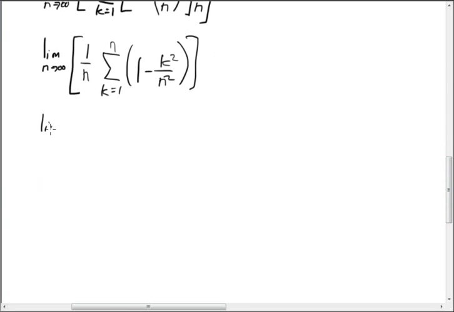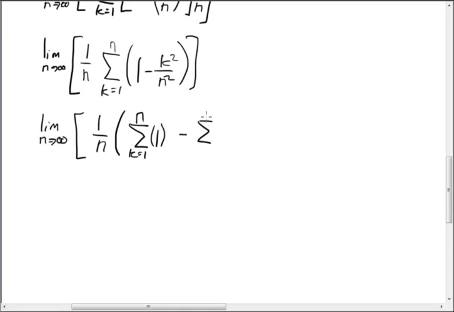So limit n approaches infinity. Now we're going to break up the sum. So k is equal to 1 to n of 1 minus the sum k is equal to 1 to n of k squared times 1 over n squared.